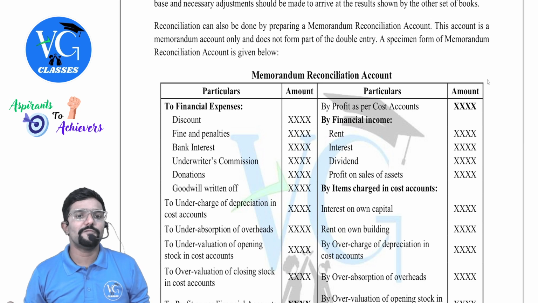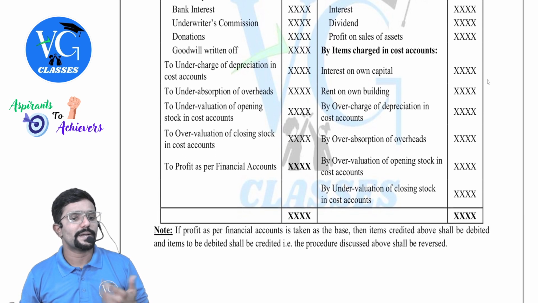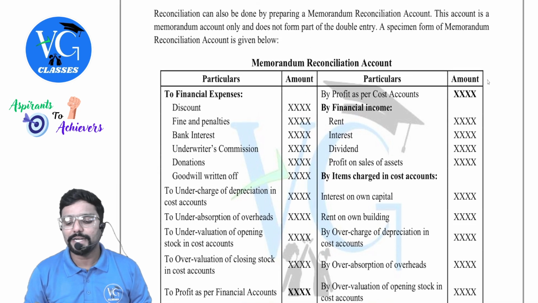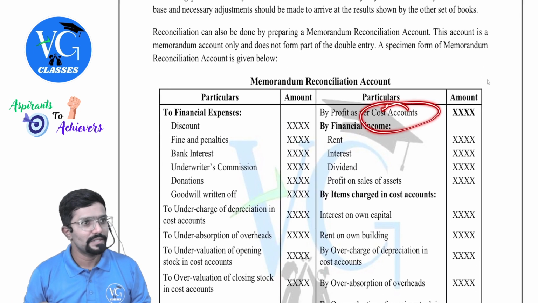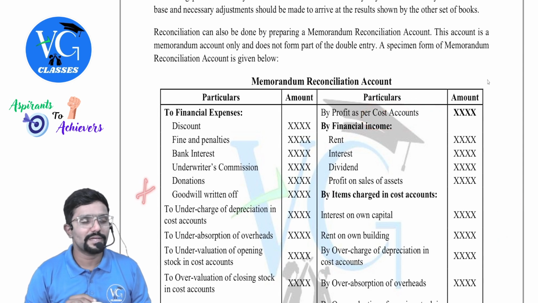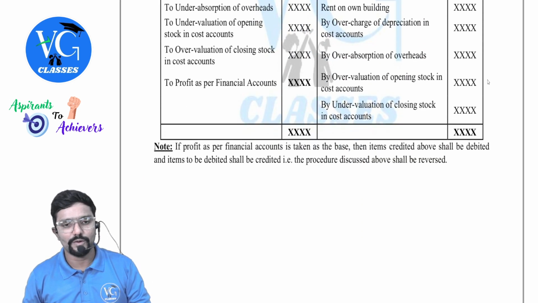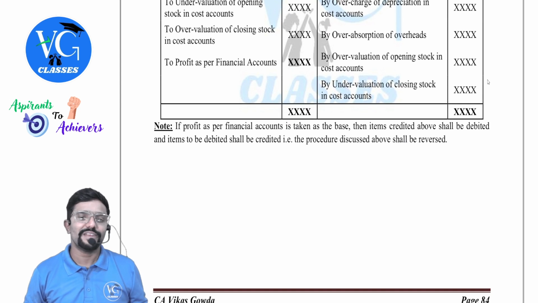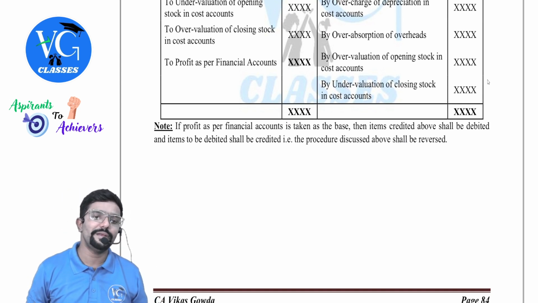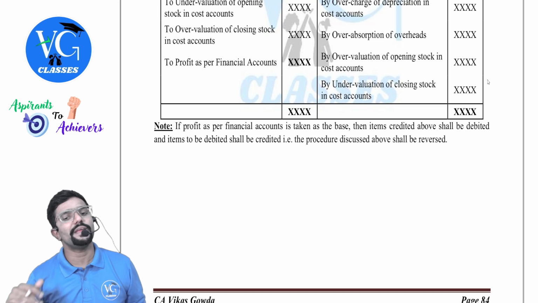A specimen form of memorandum reconciliation account is given below. Clear? Now note, if the starting point is costing profit, whatever we have added will come on the credit side, and here it will come on the debit side. If profit as per financial accounts is taken as the base, then the items credited above shall be debited and the items to be debited shall be credited.